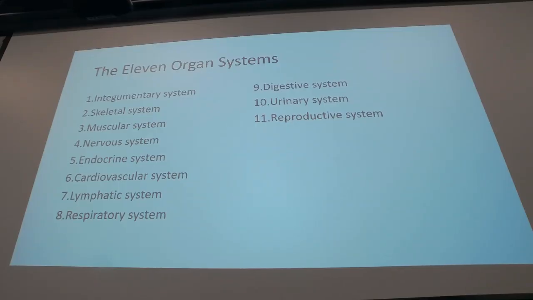All of those are part of the digestive system. Urinary system includes kidneys, ureters, urethra, and urinary bladder.